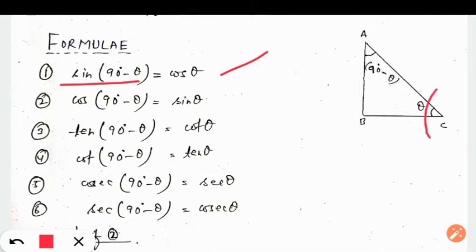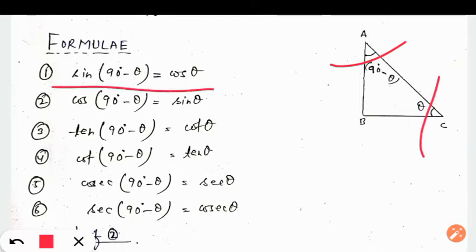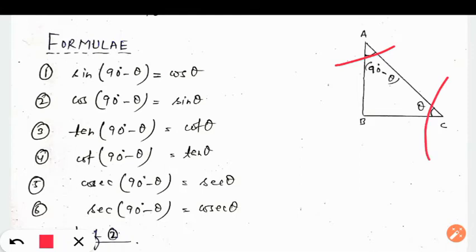If this angle is theta, then the other angle must be 90 degrees minus theta, because the sum of angle A and angle C is 90 degrees. Suppose this angle is 30 degrees, then this angle must be 60 degrees, 90 minus 30. If I find sine of this angle, we will get cos of the other angle. And if we find cos of this angle, we will get sine of the other angle.